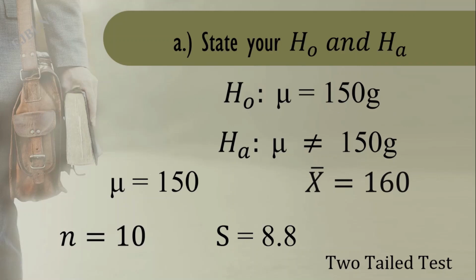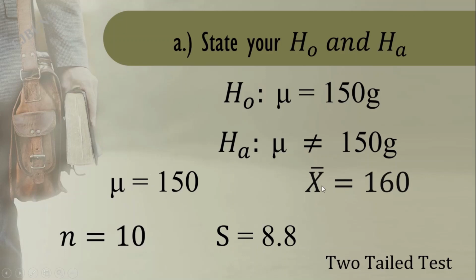So, since the MOD gets a random sample of 25 and weighs each of it, the mean mu and the standard deviation were assumed 160 and 8.8 respectively. So, ibig sabihin, yung assumed mu, assumed mean is 150.